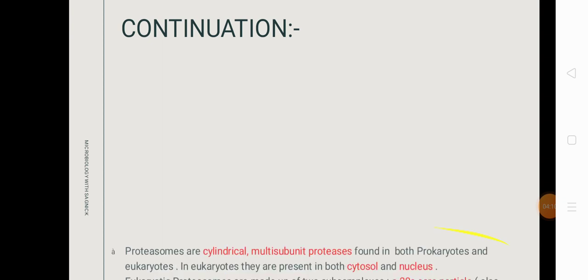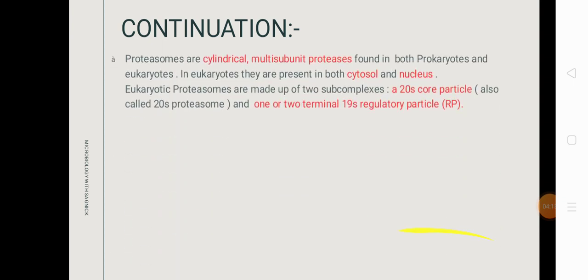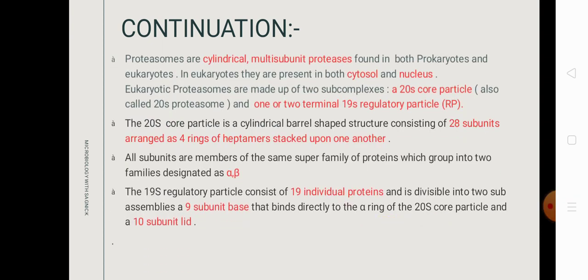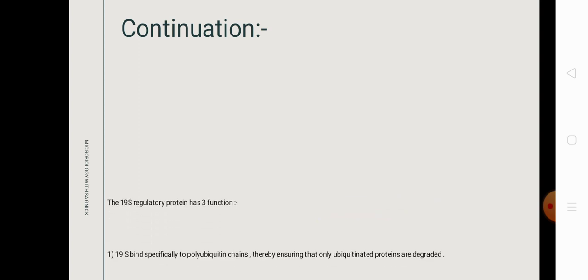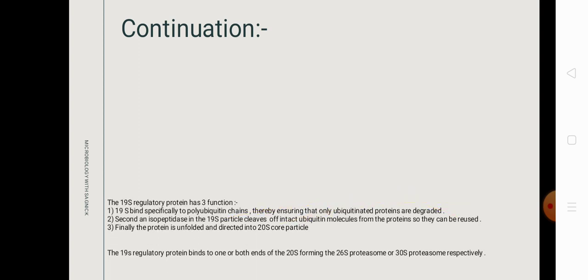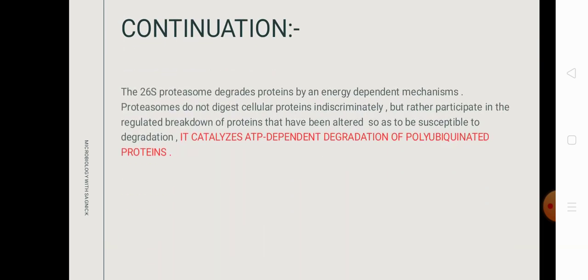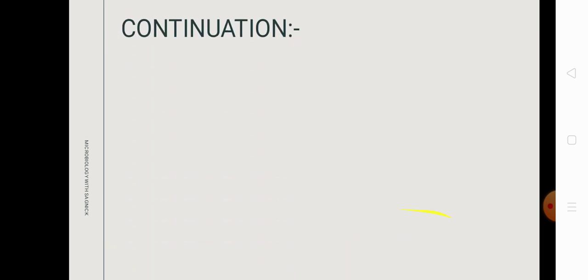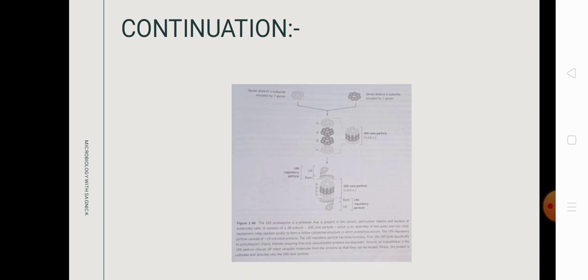So first of all, before talking about this proteasome with the help of these notes, I want to explain this entire concept with the help of some pictures so that you can understand it very well. I am going to use this picture, which I have taken from the CSIR NET Pathfinder Life Science book, and you can also refer to this book to understand this.